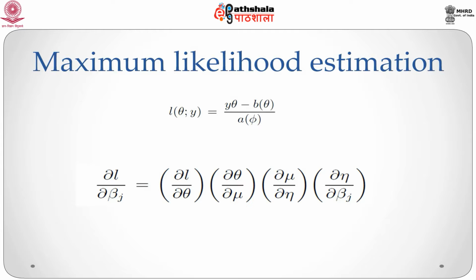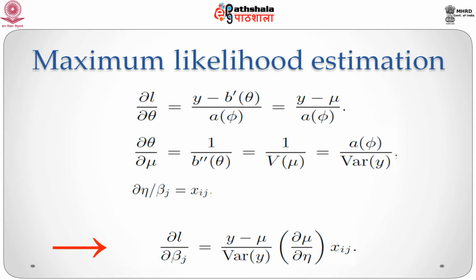Let us find out. Del L del theta can be written straightforwardly as y minus b dash theta over a phi. You will remember from your classes on inference that b dash theta is the mean of the exponential family. So we can write this as y minus mu over a phi.